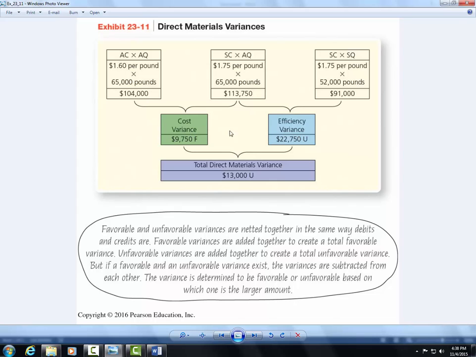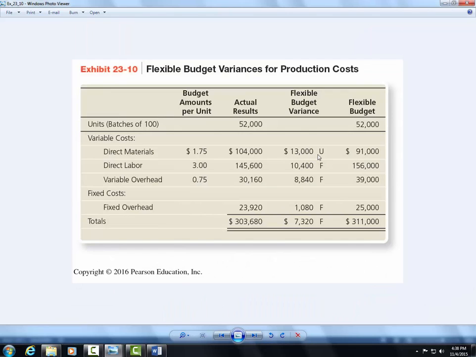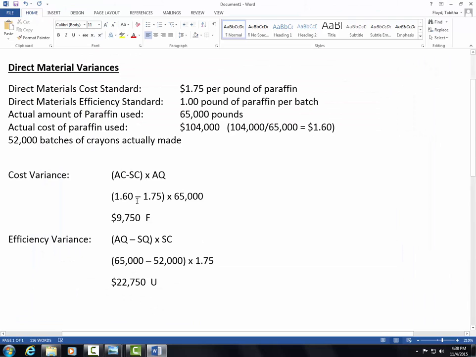And these numbers together explain why our direct material variance was $13,000 unfavorable. That's what we were trying to explain. Did we use too much materials, or did we pay too much for our materials? Why did we have this $13,000 unfavorable variance for direct materials? Well, our cost was good.